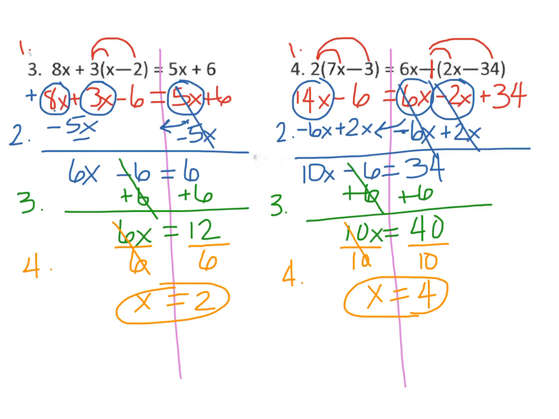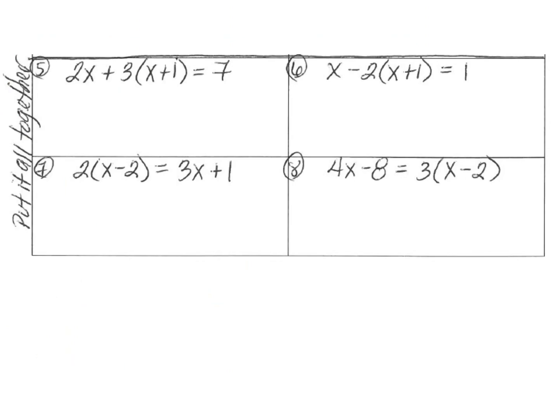Here's what I would like all of you to do. If you turn your paper back over to what we did yesterday, there was a section called Put It All Together. And I told you to skip that section and to save it for our next lesson, which is this one here. I want you to practice these 4 examples now on your own.